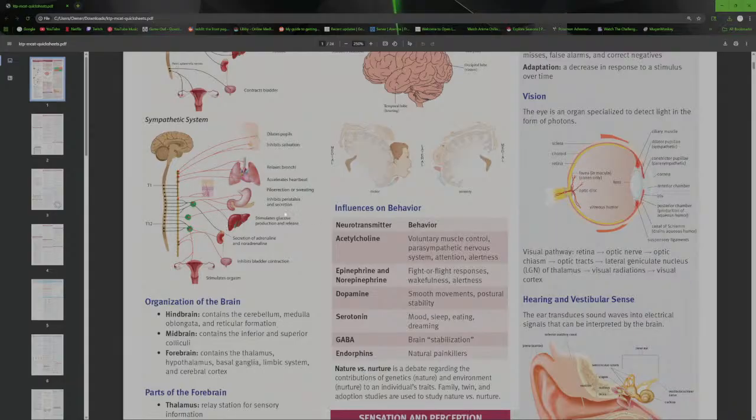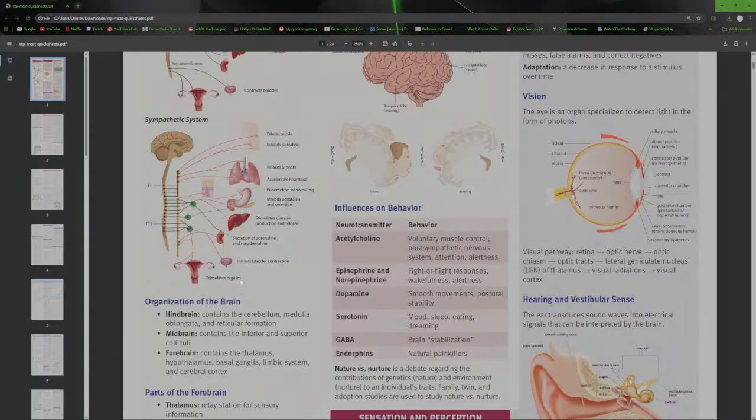Same with our liver. We'll want to make glucose so that we can use it when we use all our glycogen storages in our muscles. Secretion of adrenaline, and we don't want to pee ourselves when we're running away from an enemy. We don't have time for that.